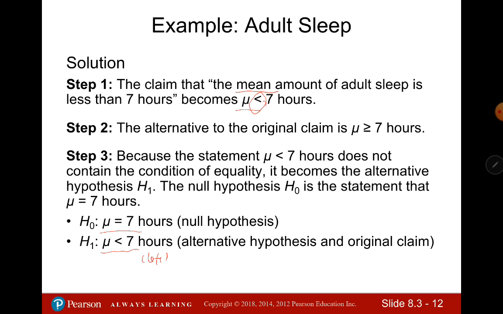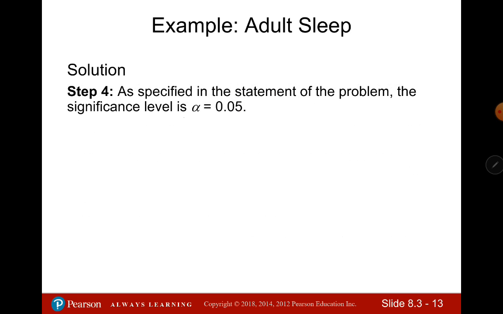So by this step, we list what's the null and what's our alternative. Next step, we only need to figure out what's the alpha value, right? We know the alpha value is directly from your question. Sometimes the question did not specify the significance level alpha, then you always pick 0.05 as the default value.